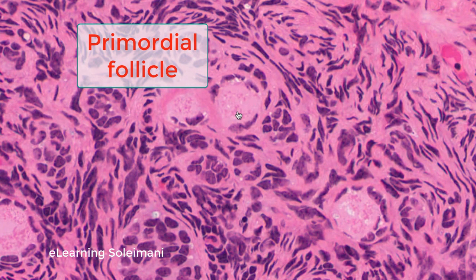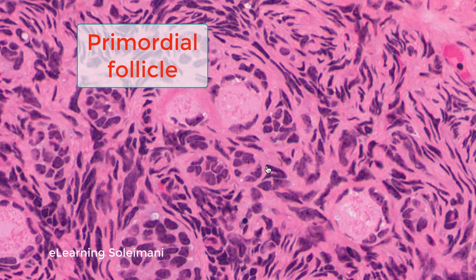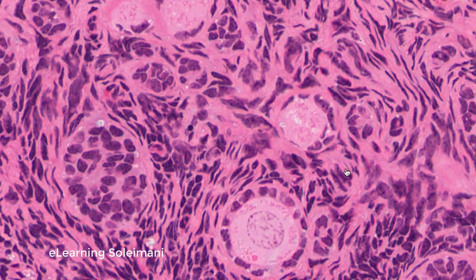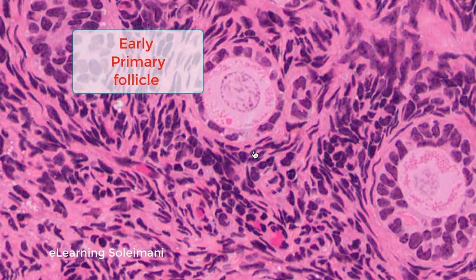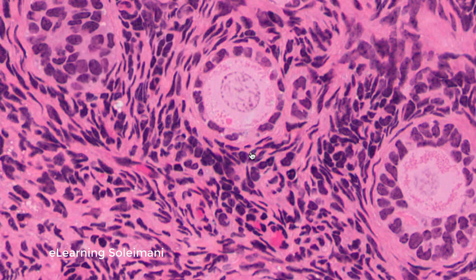A few primordial follicles develop into primary follicles. The early primary follicle is encapsulated by a single layer of cuboidal epithelial cells.